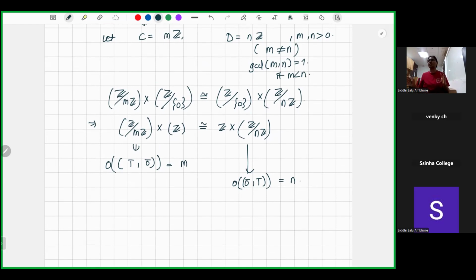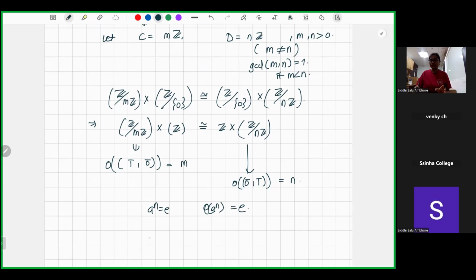So if G is isomorphic to G dash, and G has some element of order k, then G dash must also have some element of that order, because we are talking about a bijection. If a power n is identity here, then p of a power n must also be identity there. If that's not so, it will contradict the property of p being an isomorphism.